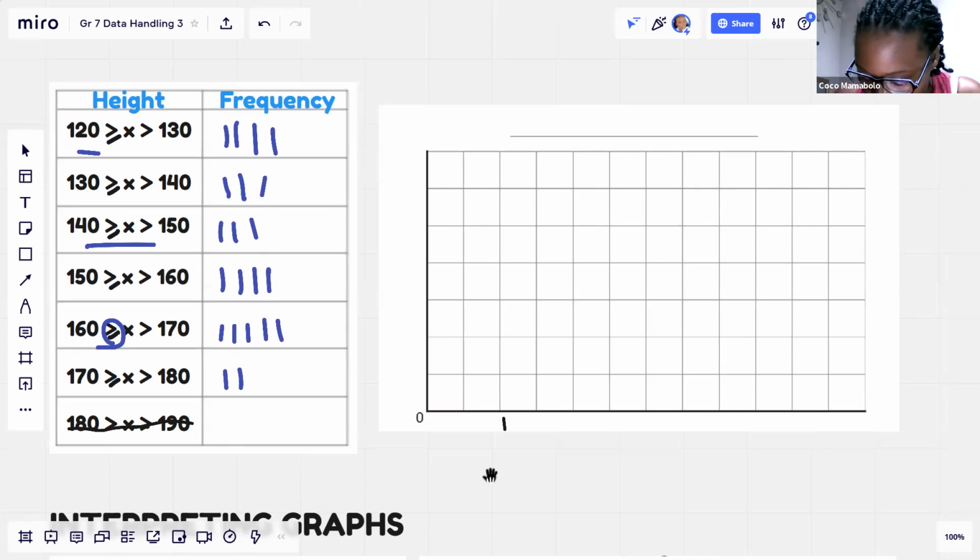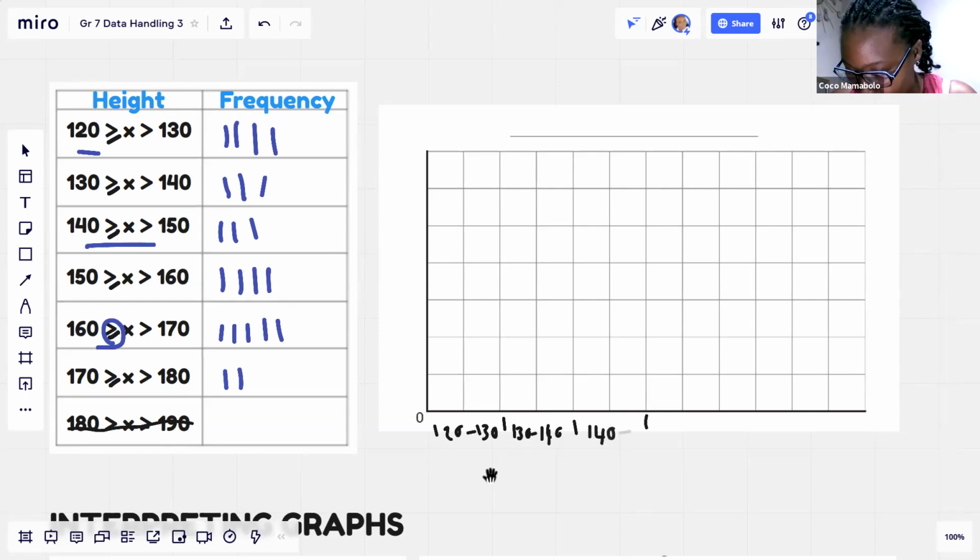Okay, so this group here is the 120. I'm going to take this 0 over here away because, actually, we might need it. Just hold on a second. 120 to 130, that's our first group. And our second group over here is going to be 130 to 140, right? And the third group from there to there is going to be 140 to 150. I'm going to write these a little bit neater.